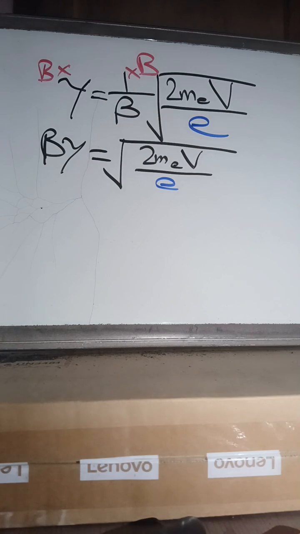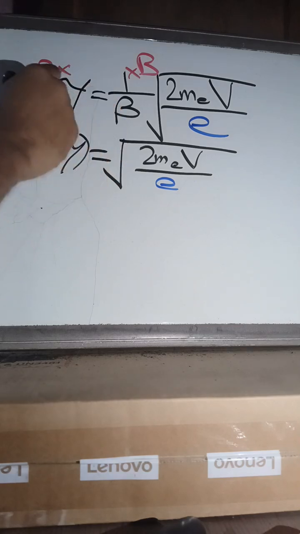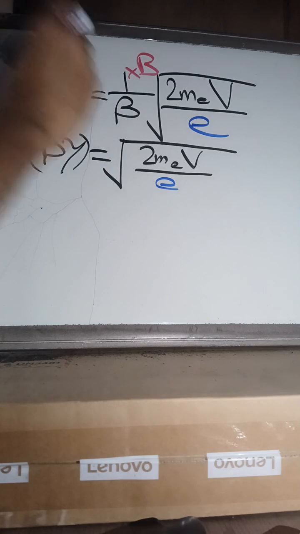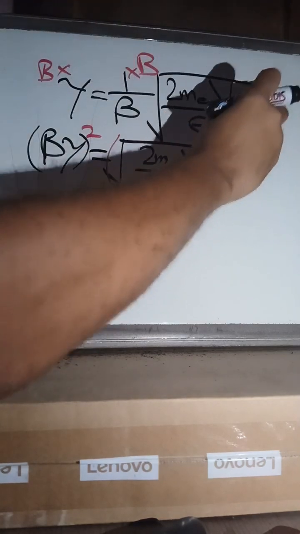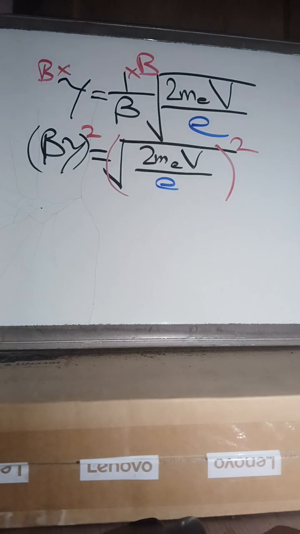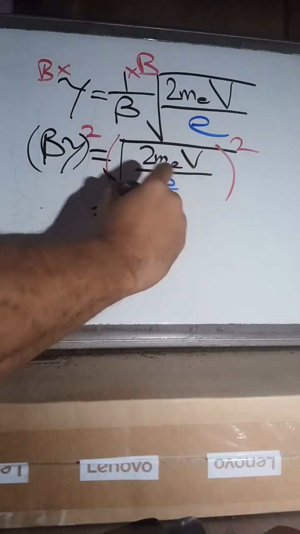Now I want to get rid of the square root, so let's just get rid of it. Square both sides. So you have to square this, but also square that. That eliminates the square root over this.